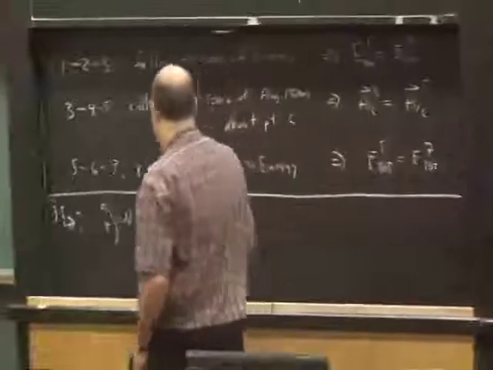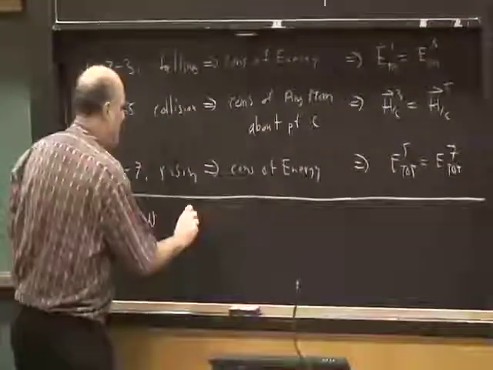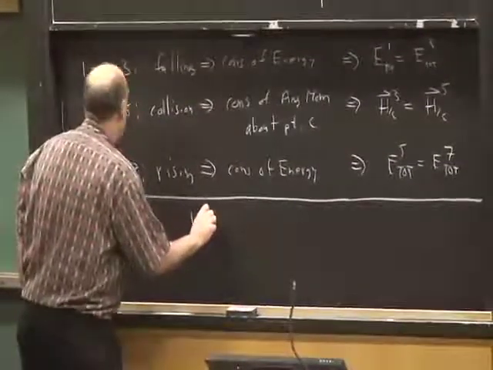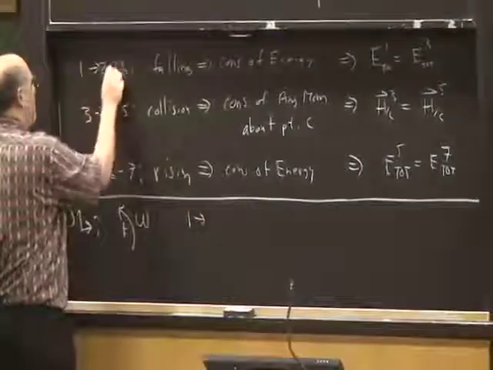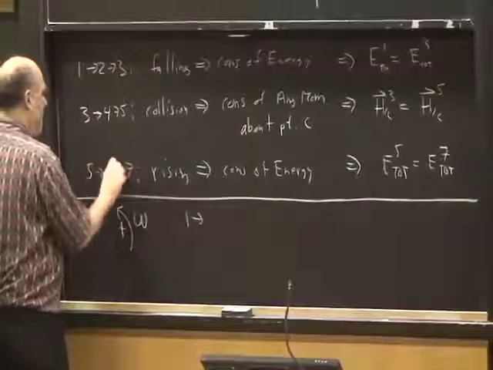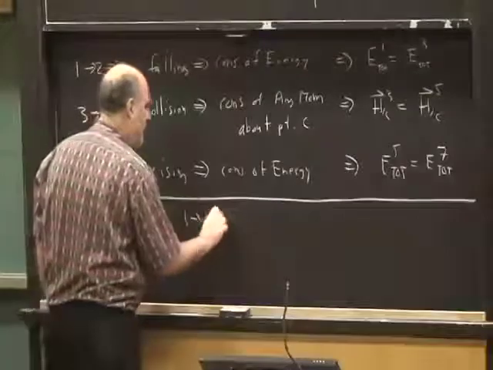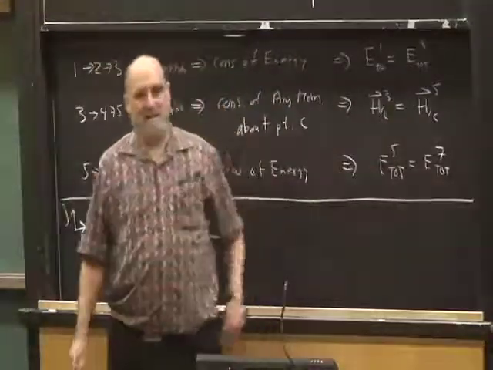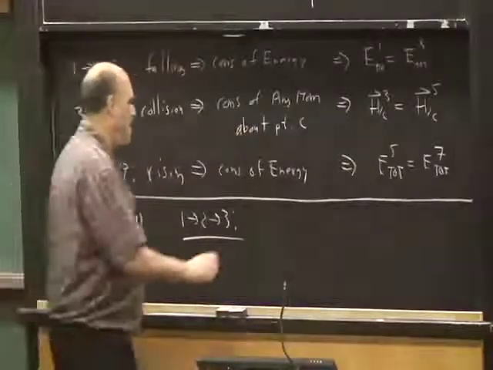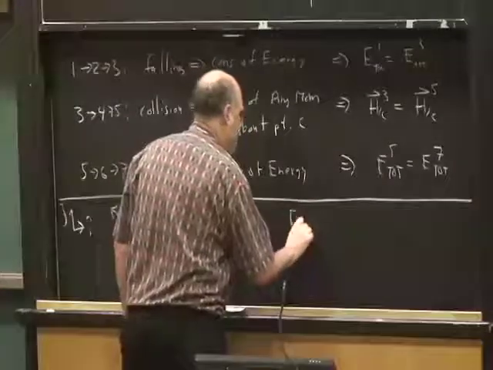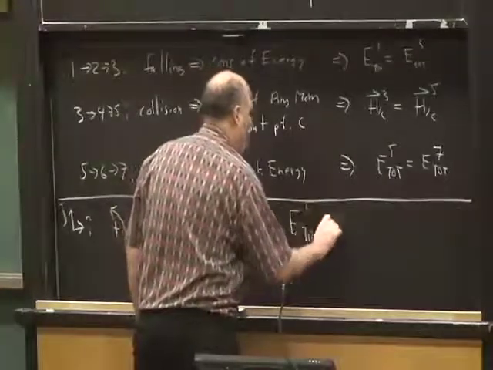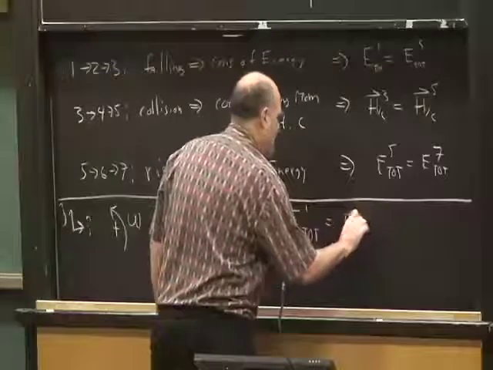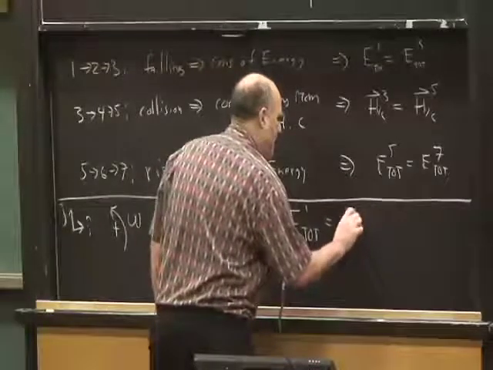So let's look at 1 to 2 to 3. This process, and figure out what we have. We're going to now try and do this thing in detail. What we have is the kinetic energy plus the potential energy in state 1 is equal to the kinetic energy plus potential energy in state 3.